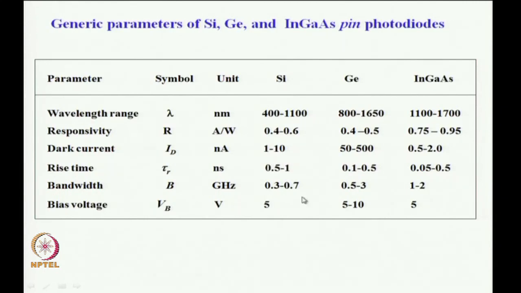The bandwidth is almost similar. As you can see, it depends on the inverse of the rise time, how fast a detector is. And the bias voltage for pin photodiodes: typical biases are between 5 and 10 volts. Normally, they are reverse biased with 5 to 10 volts.